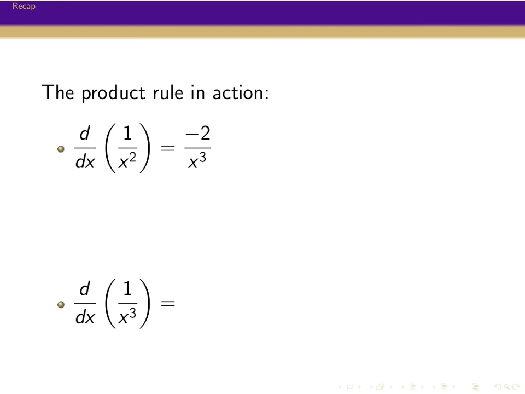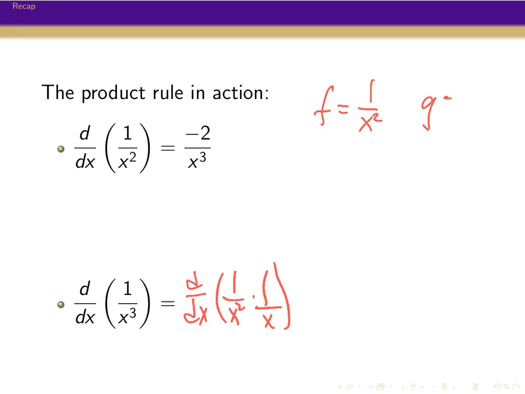We can do the same sort of thing with 1 over x cubed. So we can think about this as being 1 over x squared times 1 over x. So my f here is 1 over x squared, my g is 1 over x, say. The derivative of 1 over x squared, I got it right here. So it's minus 2 over x cubed. The derivative of g is minus 1 over x squared.